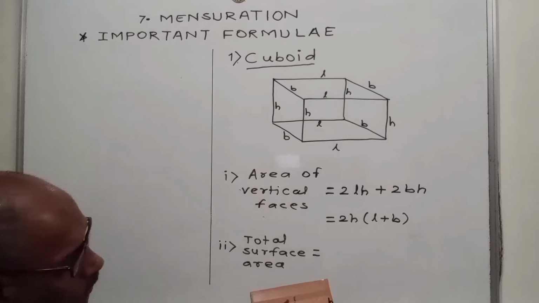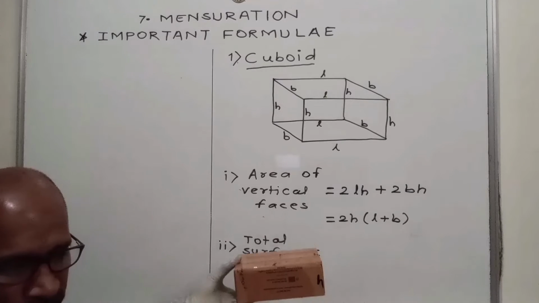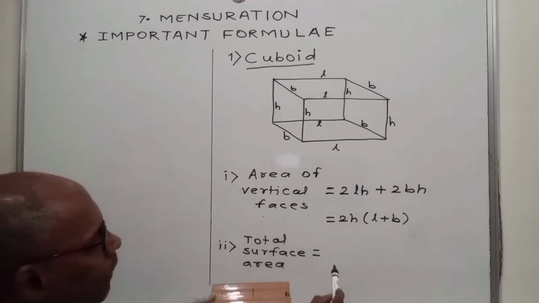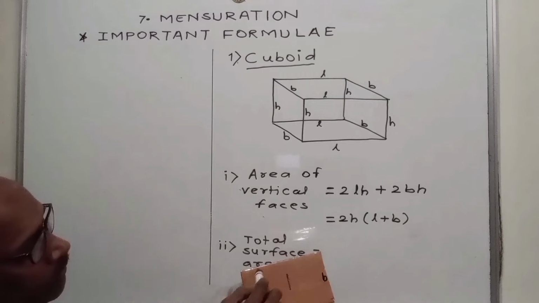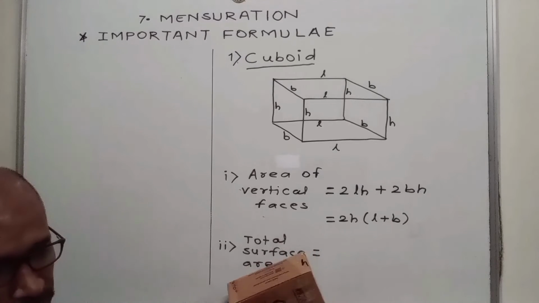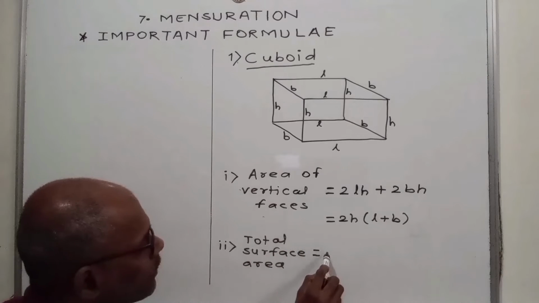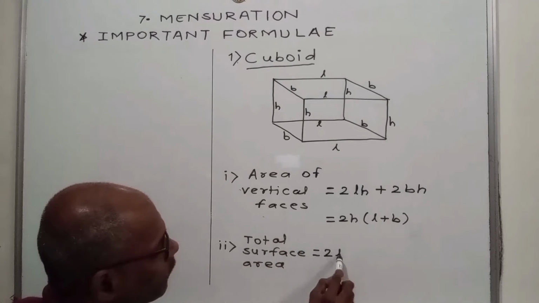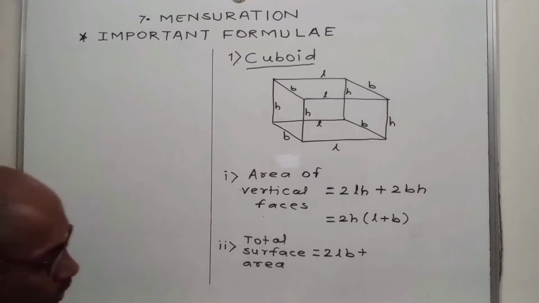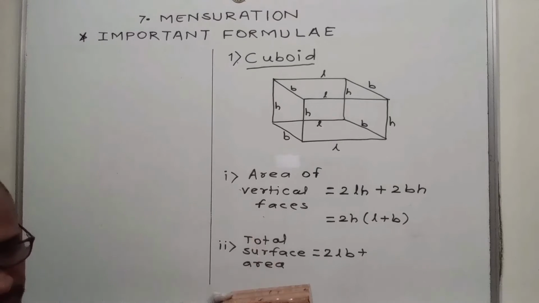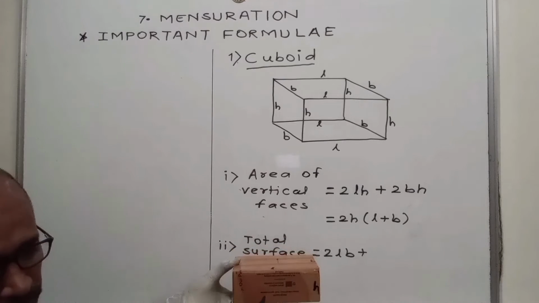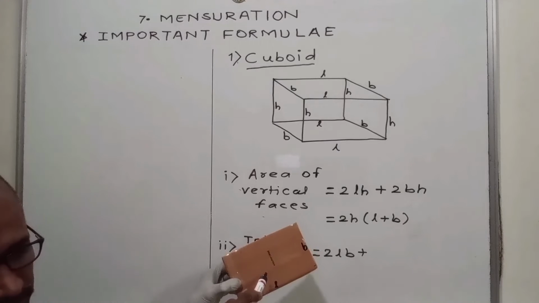So here two faces, same, congruent, top and bottom. So these are rectangles. Area is length into breadth. Here also same to same, means how many? 2, length into breadth, plus here this face and the opposite face are also congruent with each other, not with this.